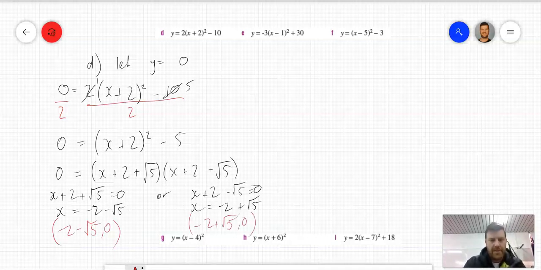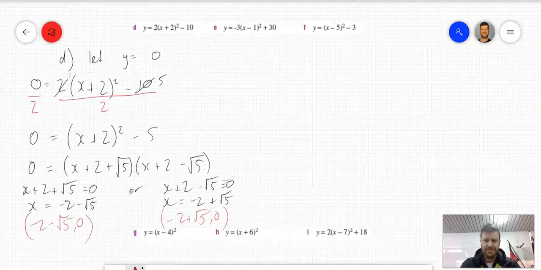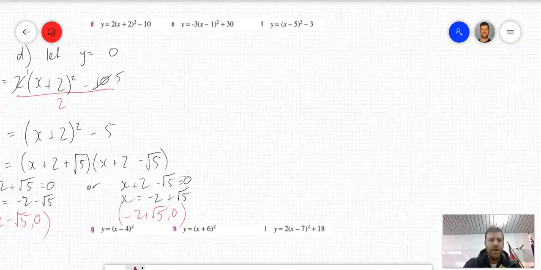Don't worry too much about how to sketch that or find that location on the x-axis. We'll worry about that another day. At this point, we're just showing the calculations, how to work out the x-intercepts. Okay, moving on to question E.